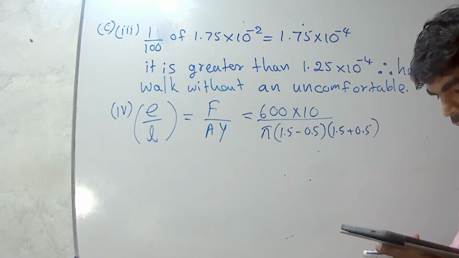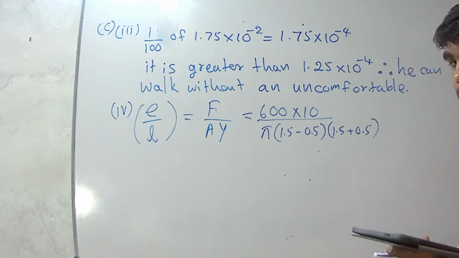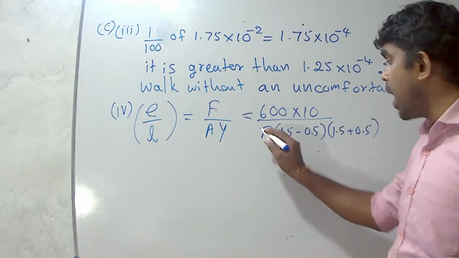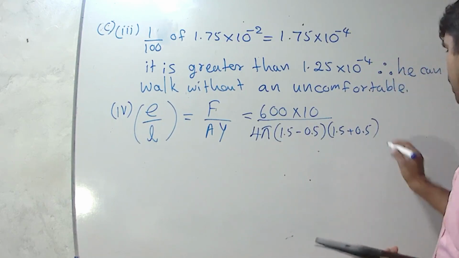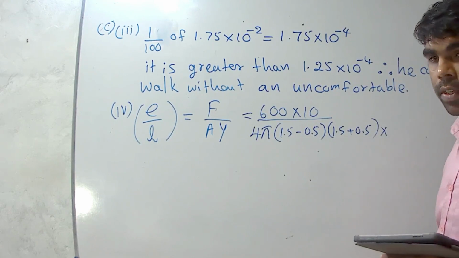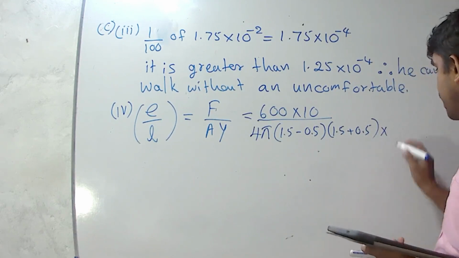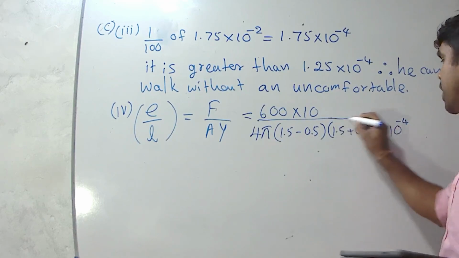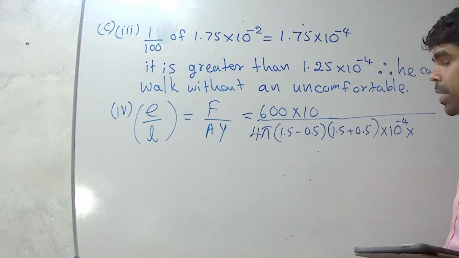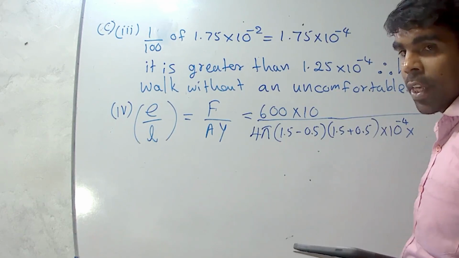Now they have given all dimensions doubled. It means the area should be 4 times this value. Young's modulus is the same as the previous one. Before it we have to convert this square centimeter value to square meters, and we have Young's modulus 1 into 10 to the power 10.